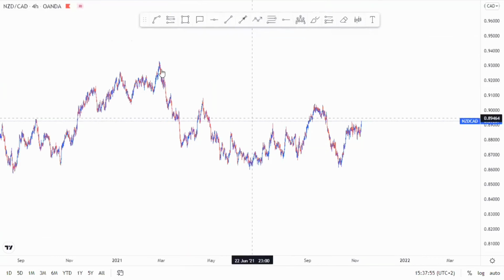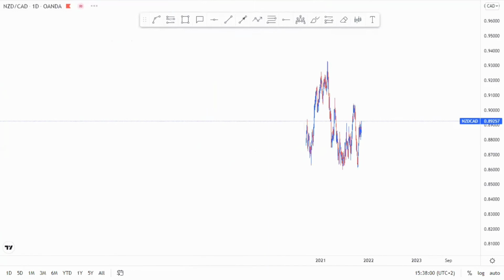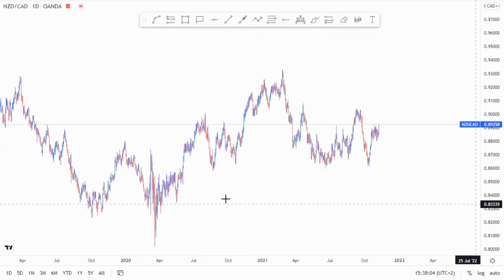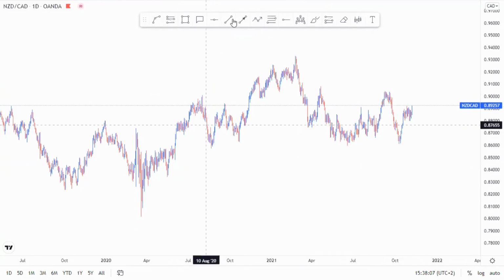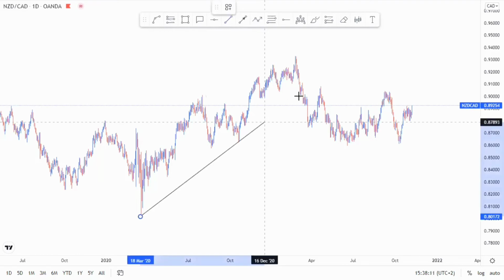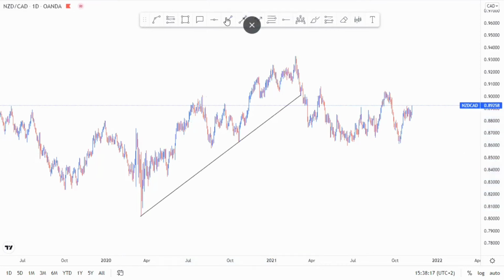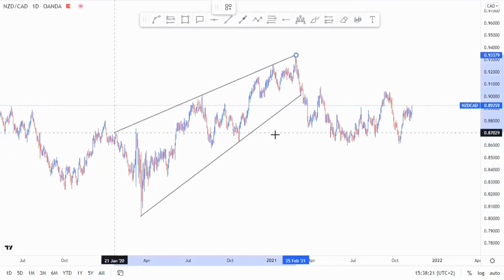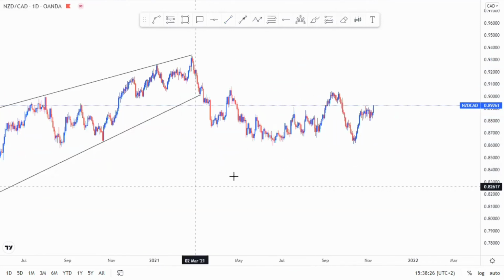Maybe the 1 day. I'll start by identifying the pattern on the left. And I do see something like a rising wedge, an ascending pattern.